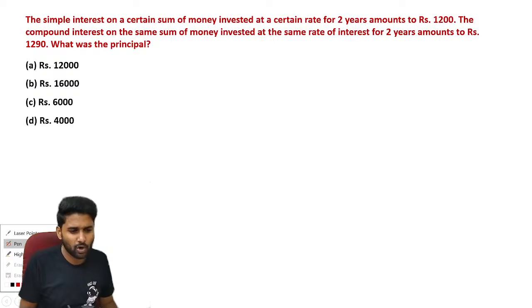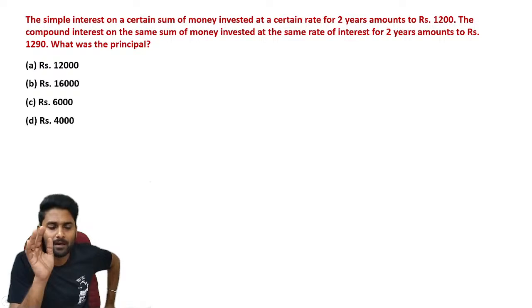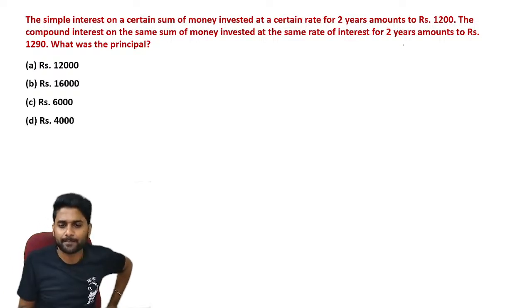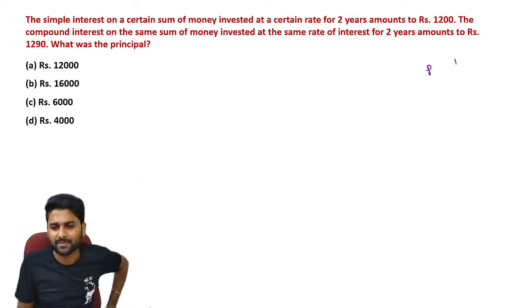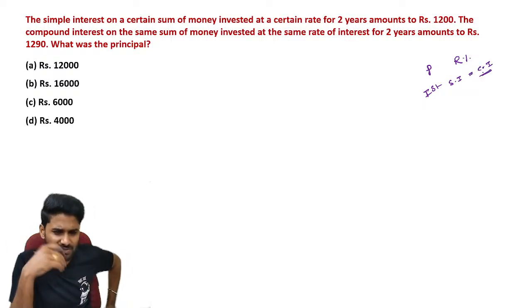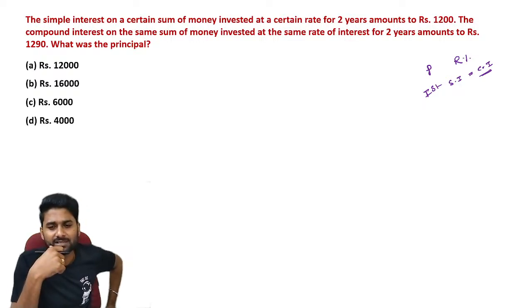Now see, there is one common point in both simple interest and compound interest. If the principal is the same and the rate of interest is the same, then first year simple interest is exactly equal to the compound interest. So for the first year, you can't see any change. But from the second year onwards, you can find a difference in interest.